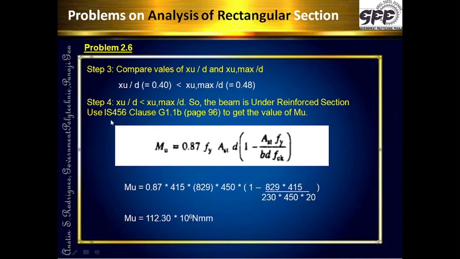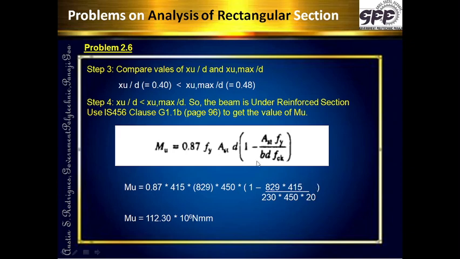Now if it is an under-reinforced section, use IS 456 2000 clause G-1.1b, page 96 to get the value of Mu. This we have already seen earlier. So that's the formula which we have. Now 0.87 comes down as it is, Fy as it is, Ast which we have calculated, effective depth is 450, put a bracket 1 minus Ast is 829 which we have already calculated, Fy is Fe415, b is 230, D is 450 and the grade of concrete is 20.